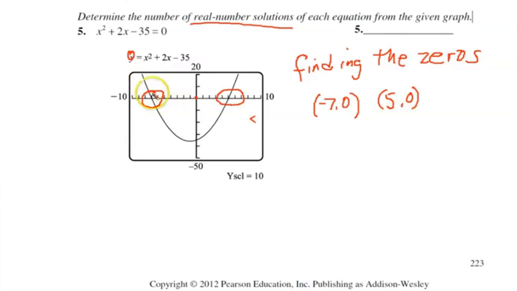And whenever the parabola crosses the x-axis, as it's doing here, then they are real number solutions, and there are 2. And these are them right there.